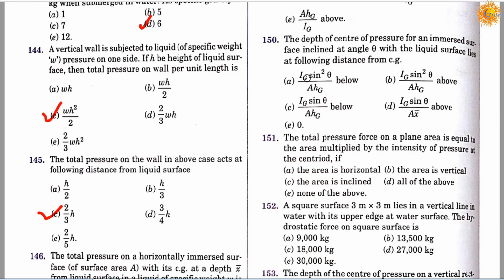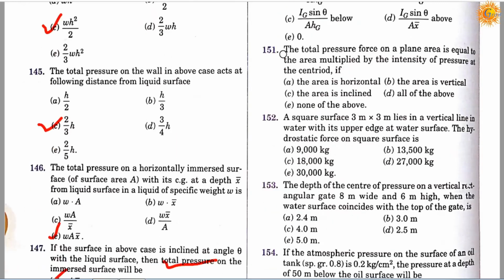Option A is Ig sin square theta upon Ahg below, option B is Ig sin square theta upon Ahg above, option C is Ig sin theta upon Ahg below, option D is Ig sin theta upon A x bar above, and option E is 0. So the correct answer is A, it means Ig sin square theta upon Ahg below.